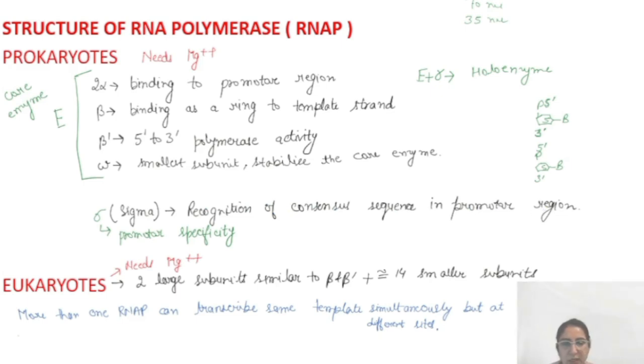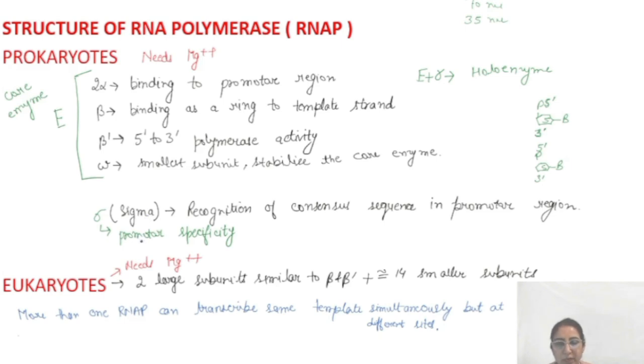So, it helps in the binding of the holoenzyme to the promoter region, and it provides specificity to the holoenzyme. That is, it binds with some specific consensus sequences so that only those genes are activated which have the specific consensus sequences for the sigma molecule.